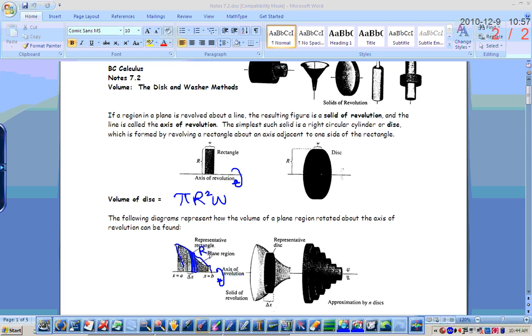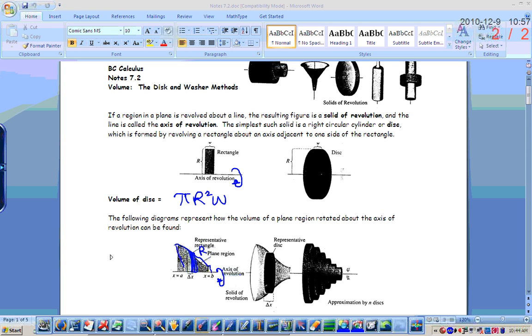Then we want to figure out what the volume is when I take an infinite number of rectangles whose widths become 0. So basically, the width of the rectangle becomes dx.